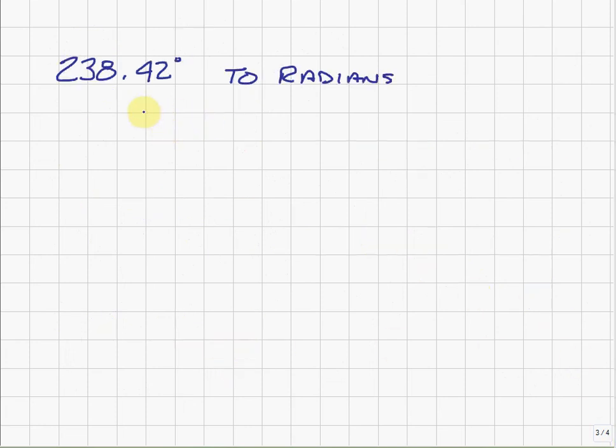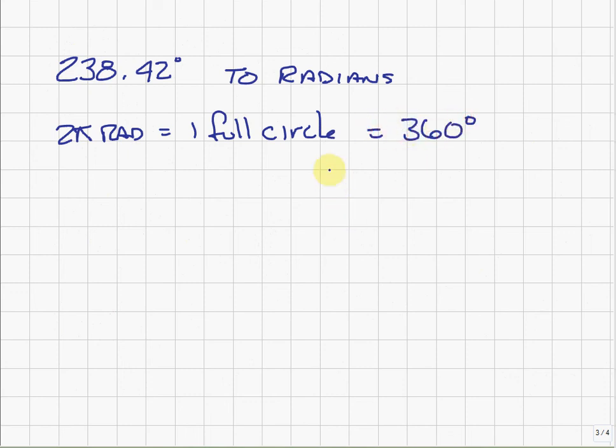Now let's go between decimal degrees and radians. In order to go between decimal degrees and radians, we need to remember that 2 pi radians, 1 full circle, is equal to 360 degrees. And so that's how we're going to build our unity factor.